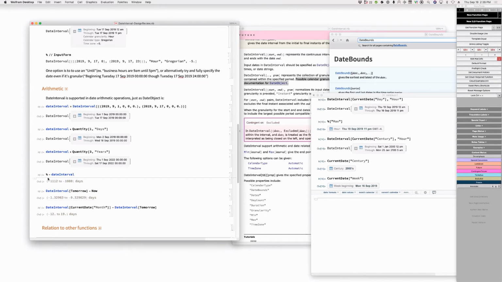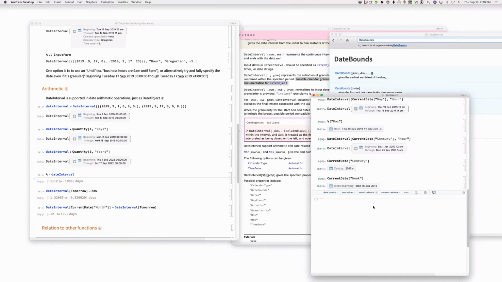Basically, if you take the difference of a date interval to either another date interval or to a specific date, the result is a quantity with an interval magnitude. I see, because it's a difference, like with temperatures in degrees, it's no longer a date, it is a quantity. Right, yeah.